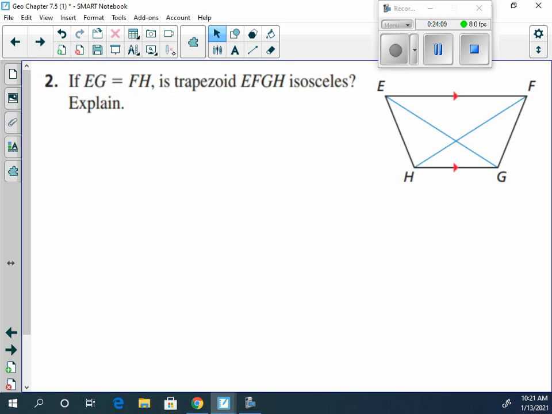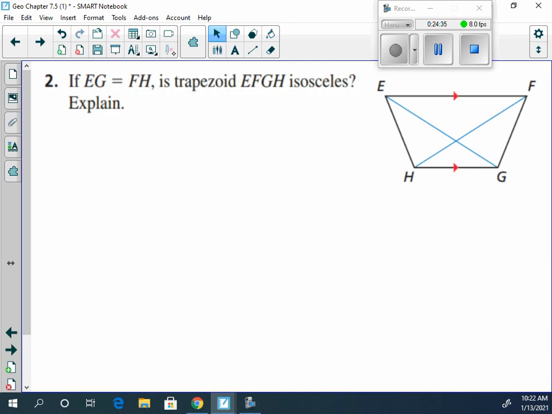EG and FH are diagonals. They connect two non-consecutive vertices. So what does theorem 7.16 say? A trapezoid is isosceles if and only if what? So for this figure here, are the diagonals congruent? Yes. So is it isosceles?